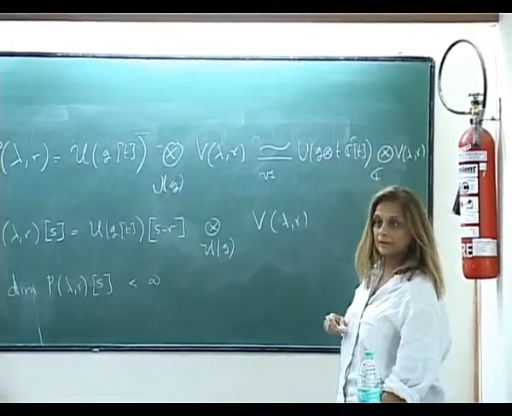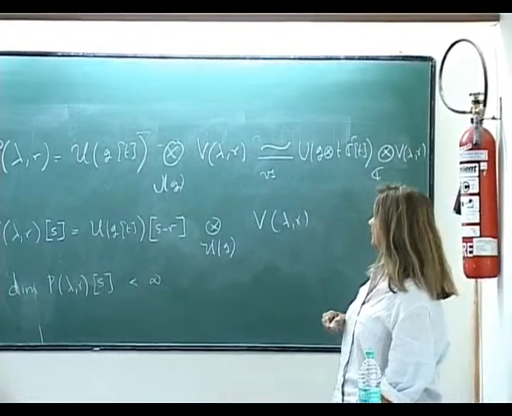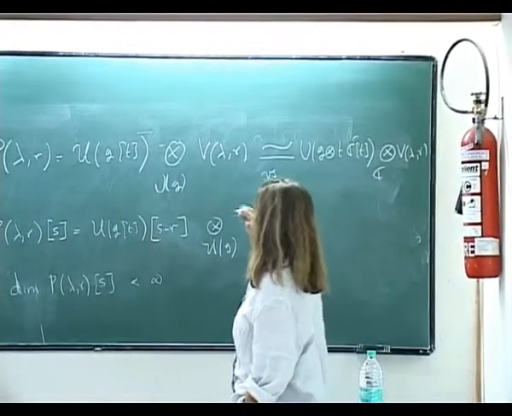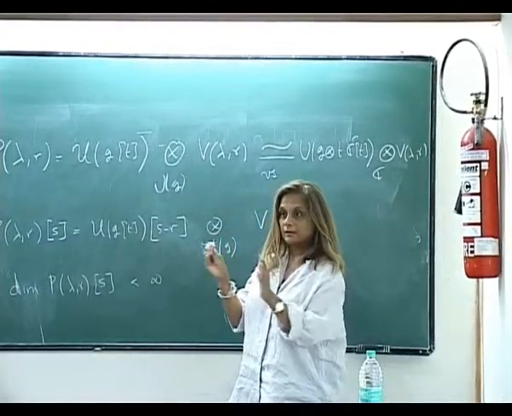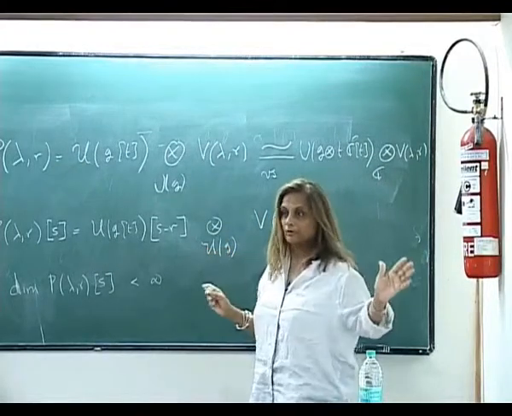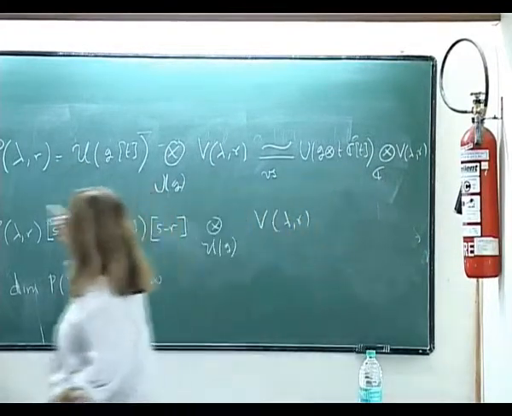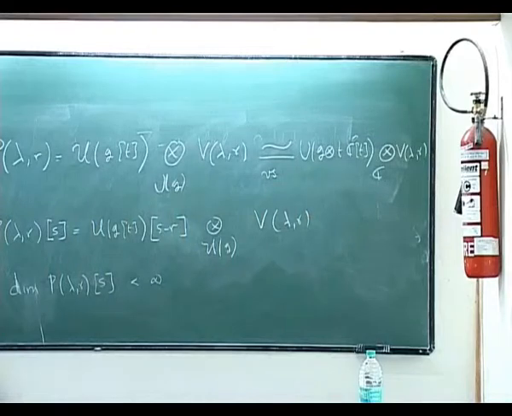Do you agree with that? So how do I apply the Poincare-Birkhoff-Witt theorem here? I take a basis where all the things with 0 grade come before all the other things.